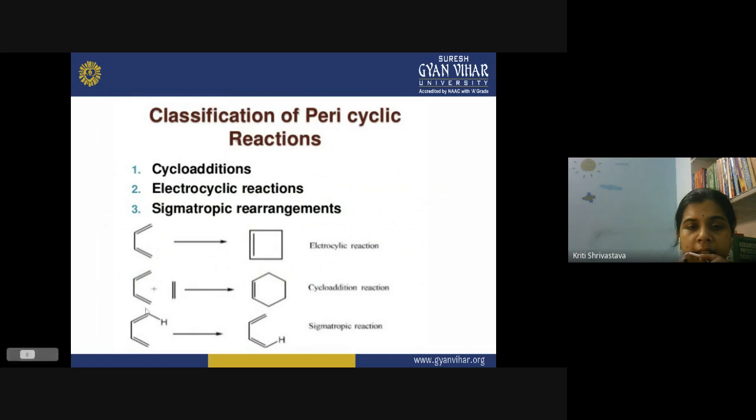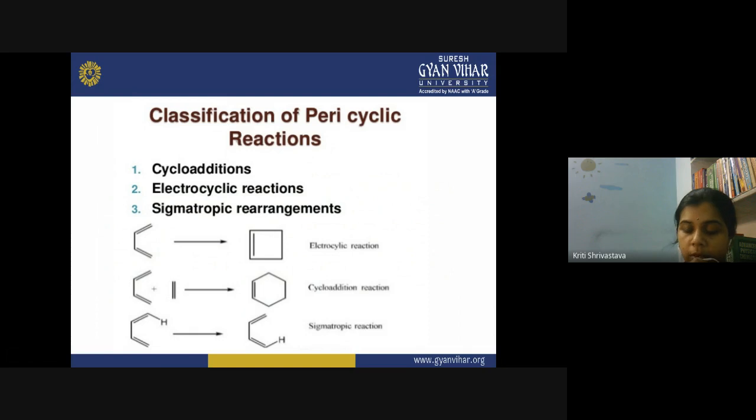So this is my diene, this is my dienophile. It adds to butadiene and forms a cyclic product. So this is a simple addition reaction which results in the formation of a cyclic product, and this is a cycloaddition reaction. It is a type of pericyclic reaction and occurs in a concerted step, following a concerted mechanism, and it proceeds via a cyclic transition state.